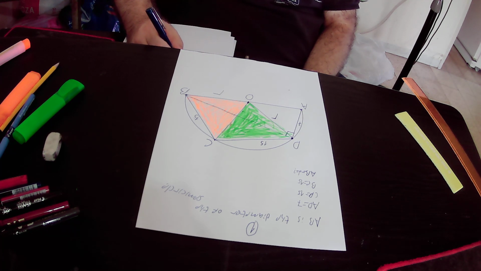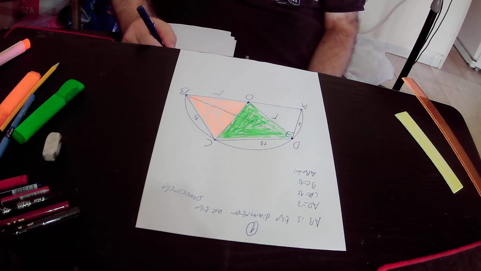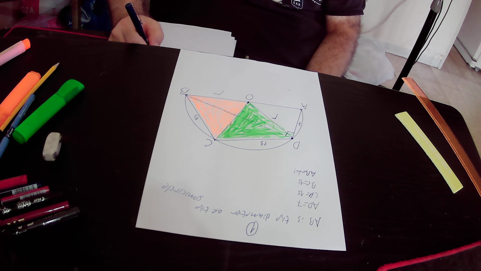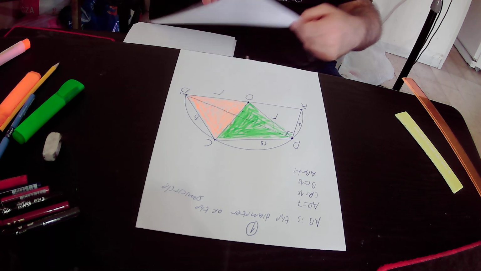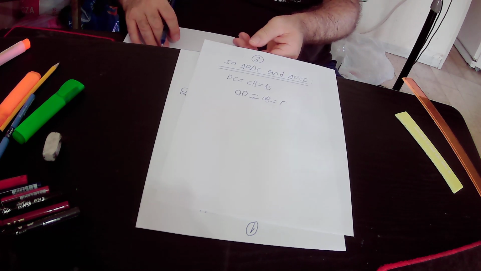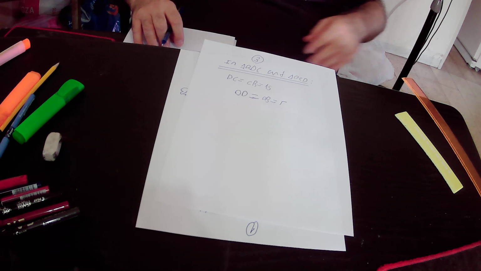So OD, the side of the green triangle, is equal to OB, that is the side of the orange triangle. Both those two sides are equal to R. Okay, OD equals OB equals R.